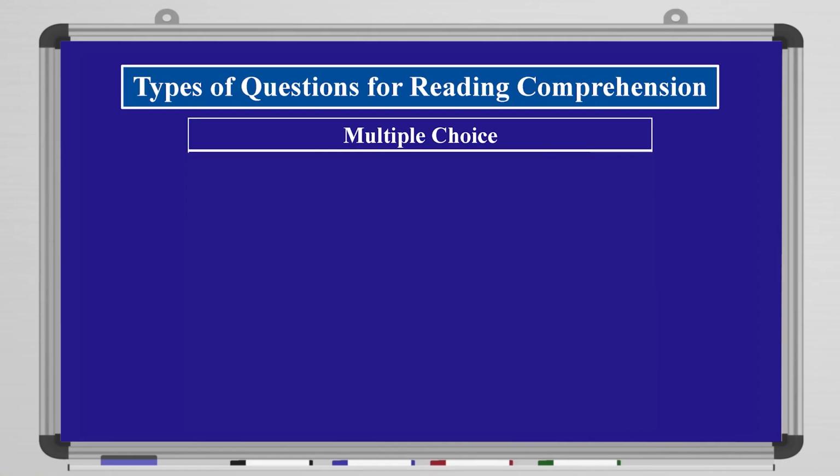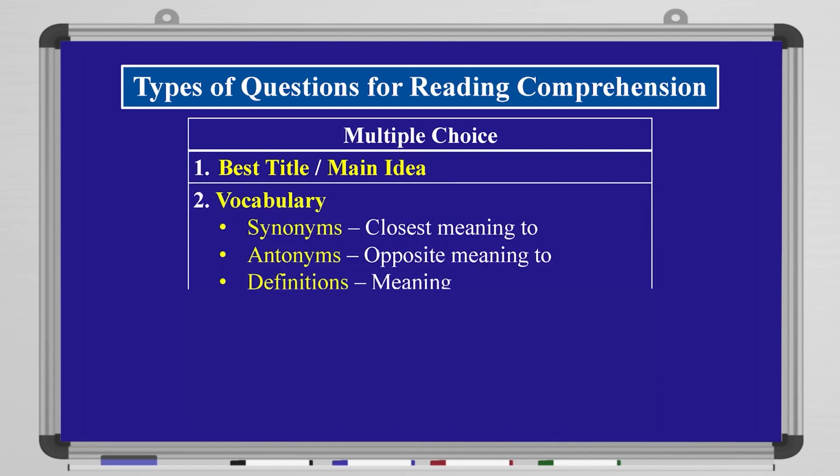The first thing you'll tackle is the multiple choice questions, and they come as follows. We have number 1, the best title or the main idea. So the question will ask you, what do you think the best title for the text is? Or what do you think is the main idea behind the text? The second question will be about the vocabulary. It could be about synonyms.